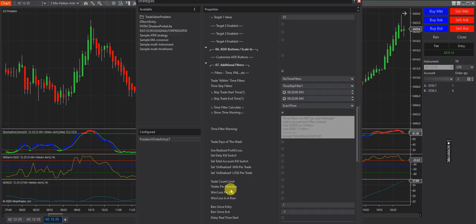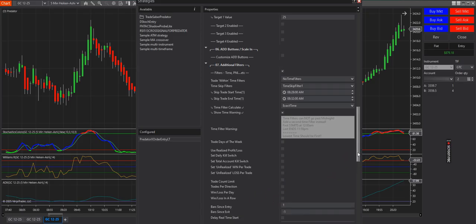And you can also set the trade per direction, meaning if you set 2 trades going long, then after those 2 trades, no more. If you have another setup going long, it would not take that trade. It'll wait for the opposite direction and take the 2 trades going in the short direction. You can set that as well. Win loss per day, win loss in a row, you can set that.